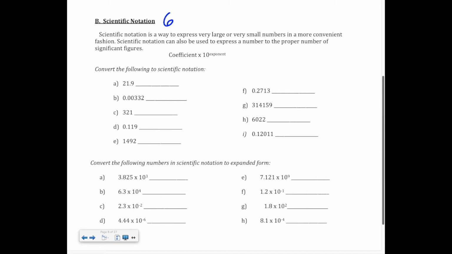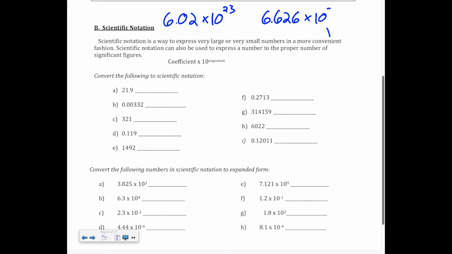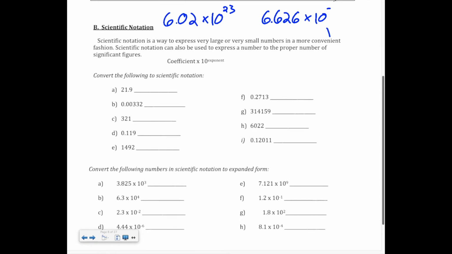We're going to use numbers like 6.02 times 10 to the 23rd because we're talking about atoms, and atoms are super tiny. So when you group them all together, you get a huge, huge number. And then we're also going to use numbers like this, 6.626 times 10 to the minus 34. Oh, the minus 34.